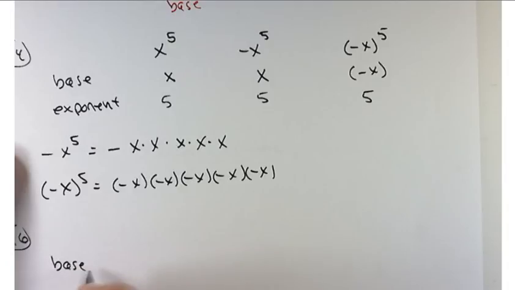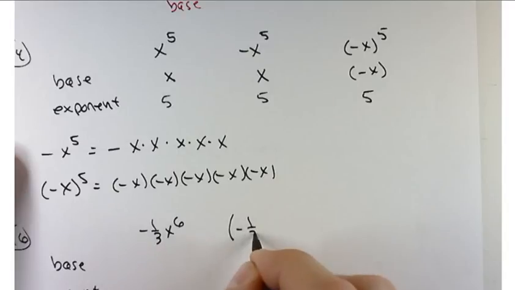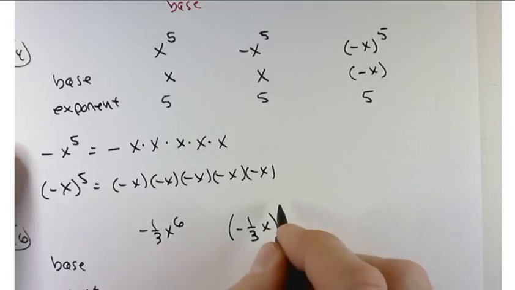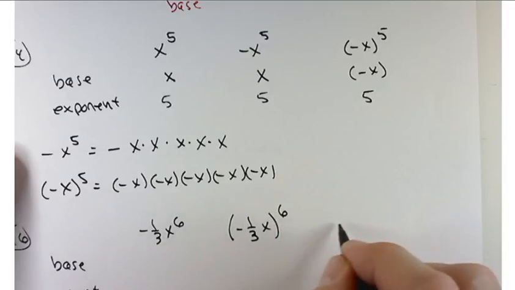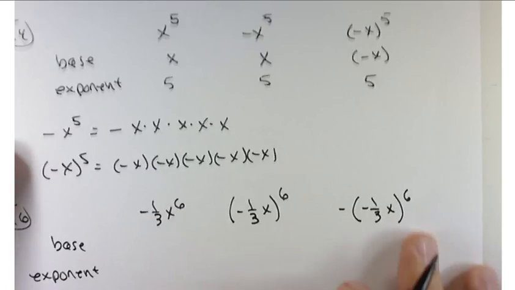We're going to try and identify the base and the exponent. This time our expressions are negative 1/3 x to the 6th, negative 1/3 x raised to the 6th, and the negative of negative 1/3 x raised to the 6th.